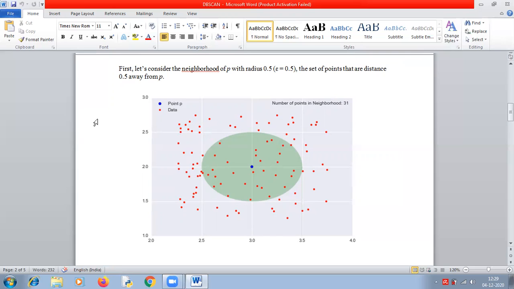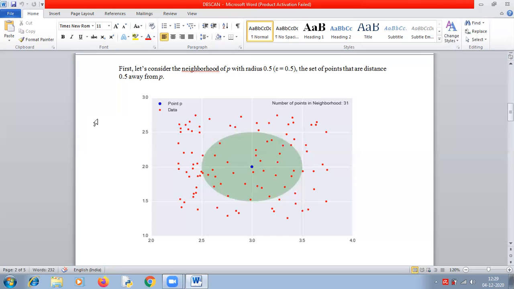Since we scattered 100 data points and 31 are in the neighborhood, a little under 1/3 of the data points are contained within the neighborhood of P with radius 0.5. So out of 100, if we have 30 points in the neighborhood, we can say that 1/3 of the data points are contained within a neighborhood of P with radius 0.5.